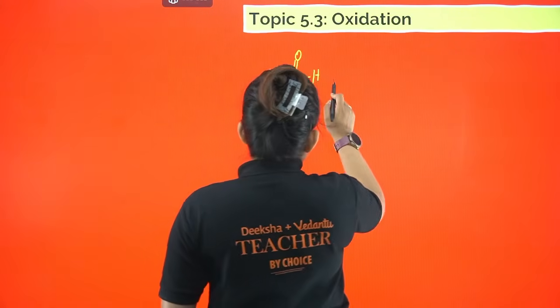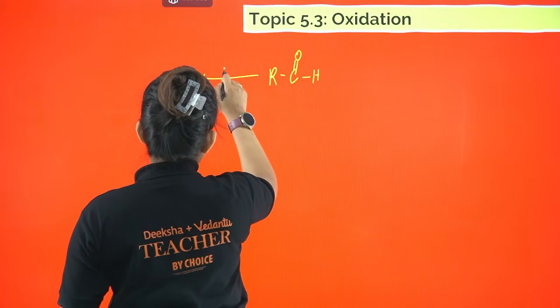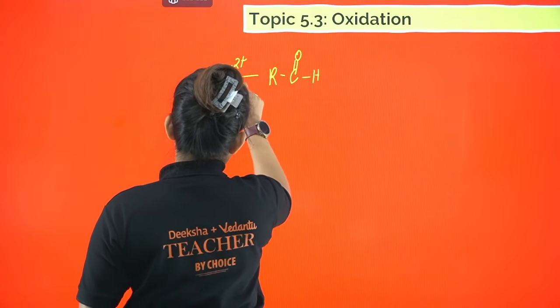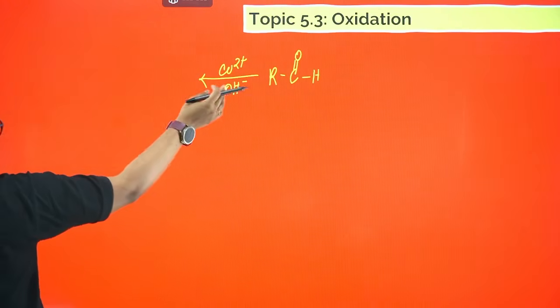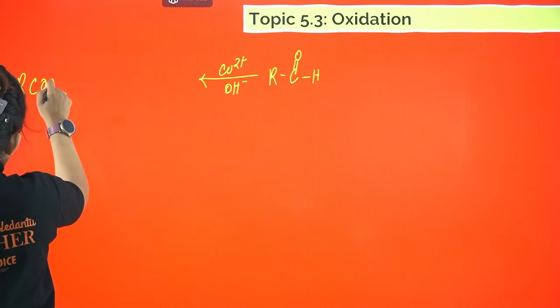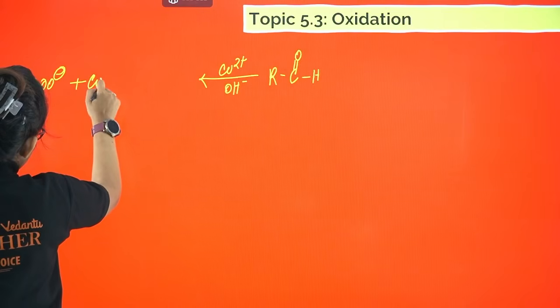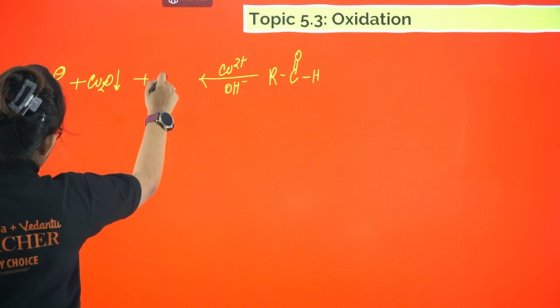Okay, so if I give Cu2+ in presence of OH minus, alcoholic media, that will give you the oxidized version of aldehyde, that is carboxylate, RCOO minus I will get, that is the oxidation, plus Cu2O, that is the brick red precipitate you will get, plus H2O.